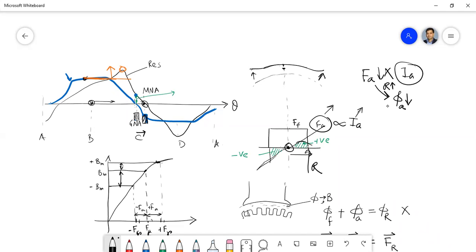We are increasing the reluctance, by which the MMF of the armature can have less effect on the actual flux distribution in the air gap.